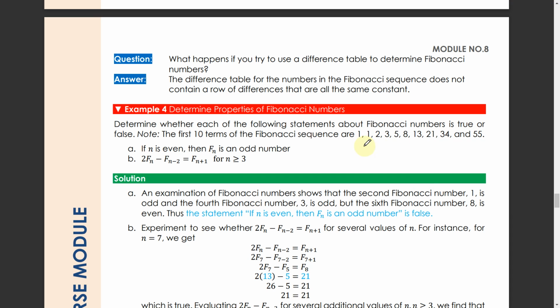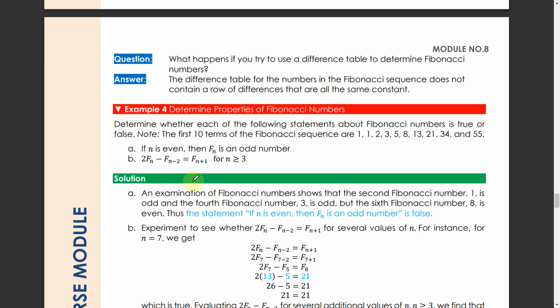Those are its first 10 terms. If n is even, then f of n is an odd number. Determine whether this is true for the Fibonacci sequence. Then we have 2 f of n minus f of n minus 2 is equal to f of n plus 1 for n greater than or equal to 3. Is this statement true?